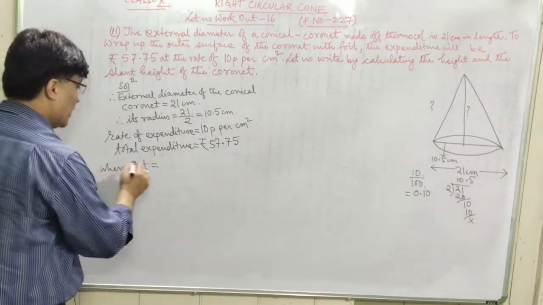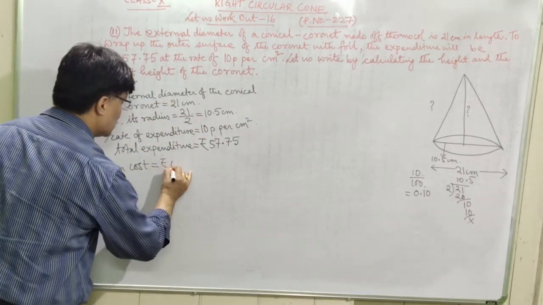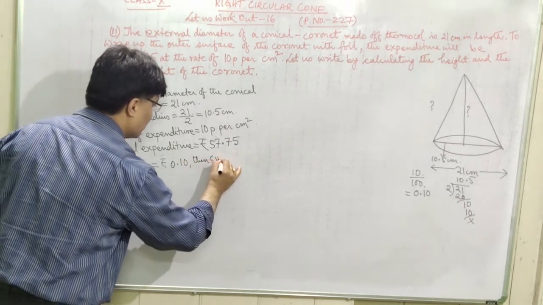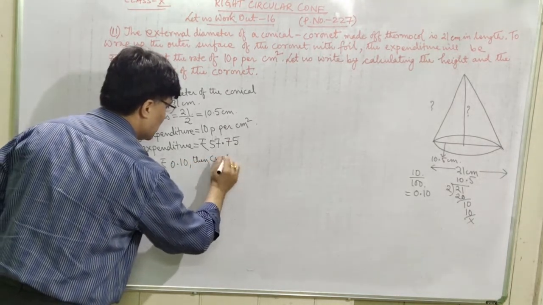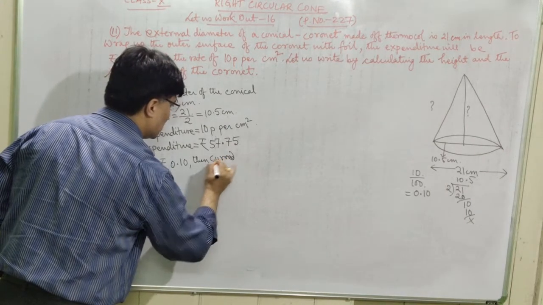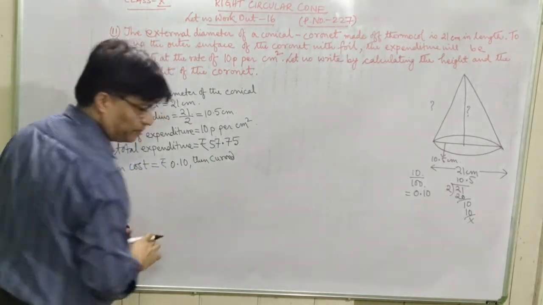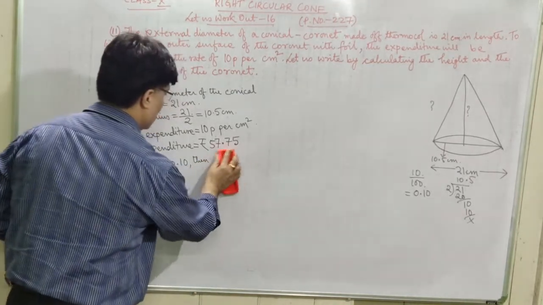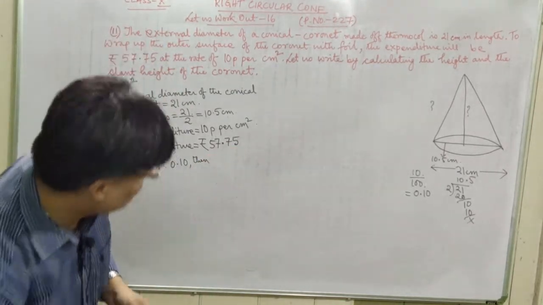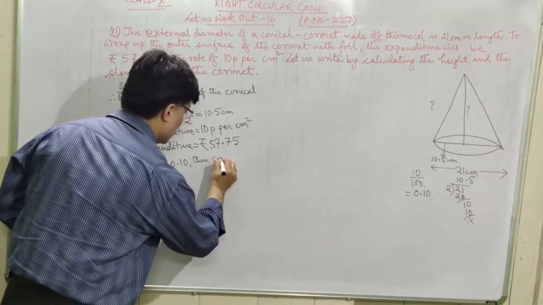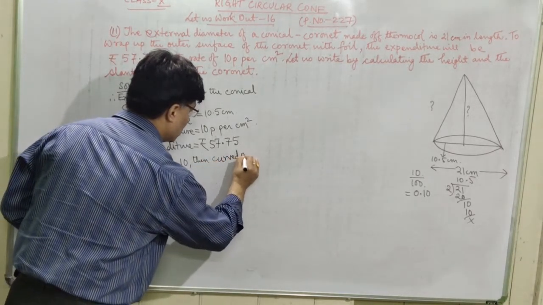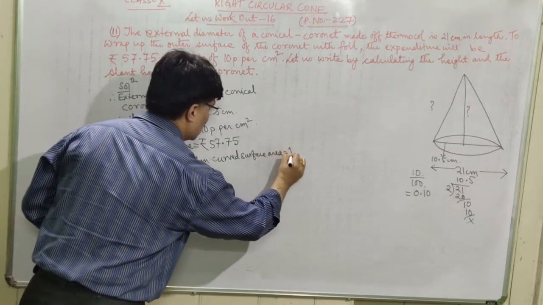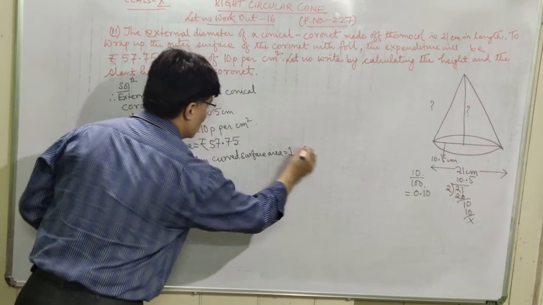Right? So when cost is equal to rupees 0.10, then curved surface area is equal to 1 centimeter square.